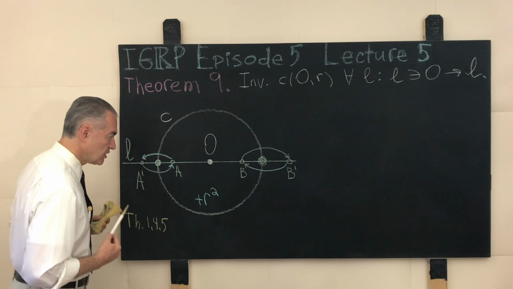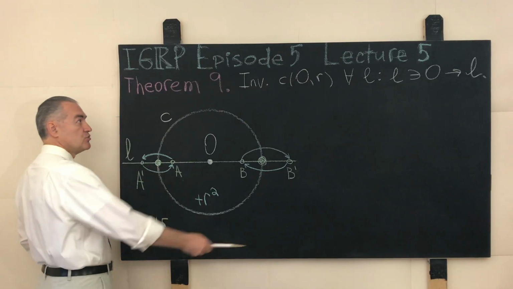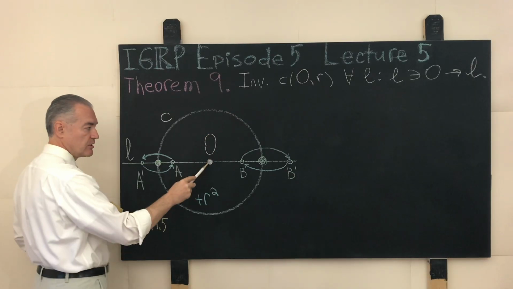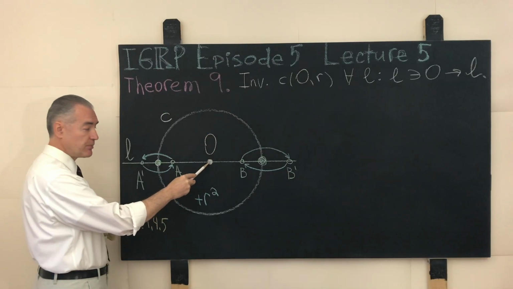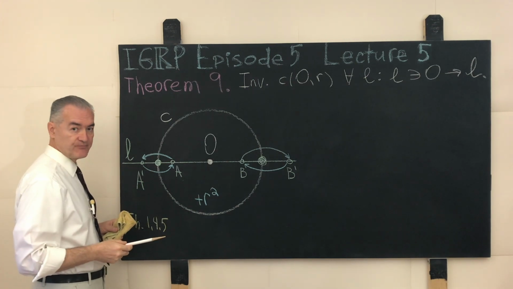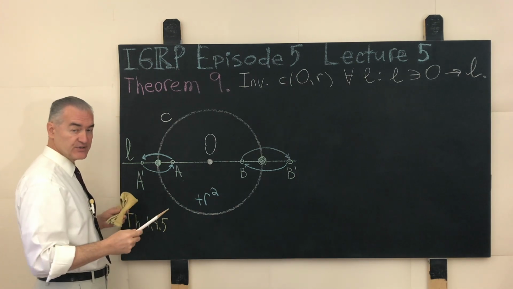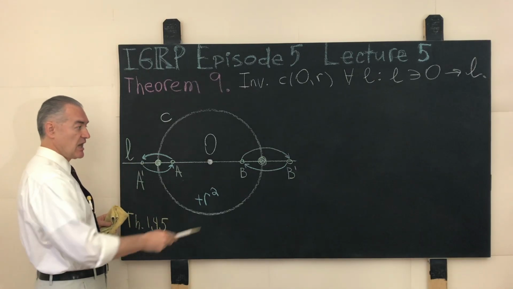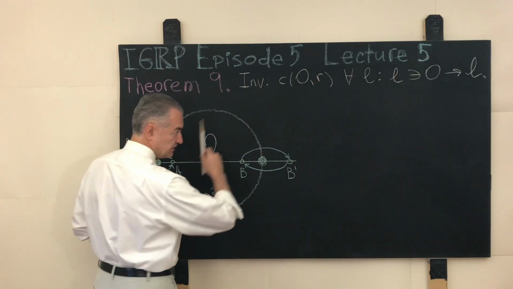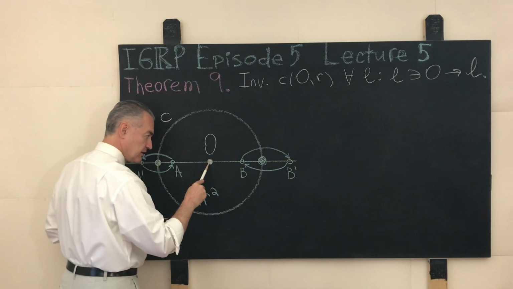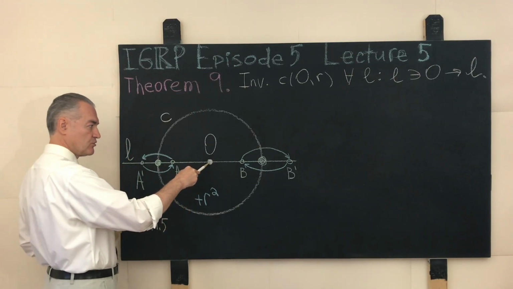But what that means to us is that prior to the inversion of the plane applied to it, the point O belongs apparently to the straight line L. And after that inversion is carried out and the points in the plane are shuffled according to the definition of this transformation, that point will be taken into the point at infinity. Point at infinity will be taken back into this point right here, the center of inversion.